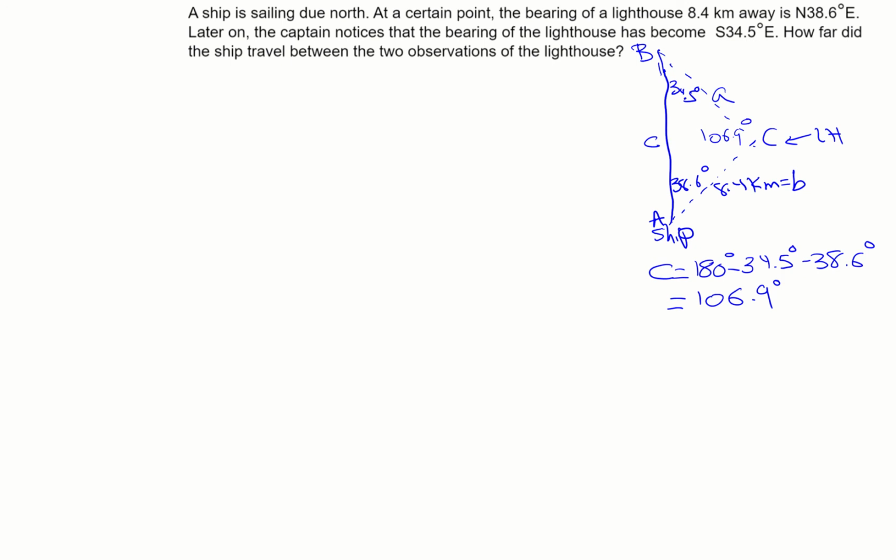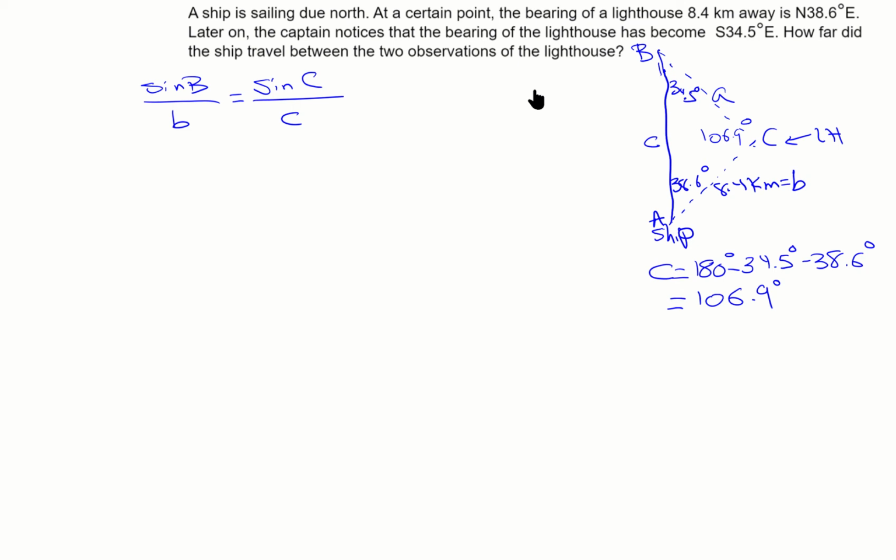Okay, so now finding c is going to be a pretty simple matter, because we know that sine B over b equals sine C over c. We chose B, of course, because we know both the angle and the side opposite, so that's the best ratio to use.